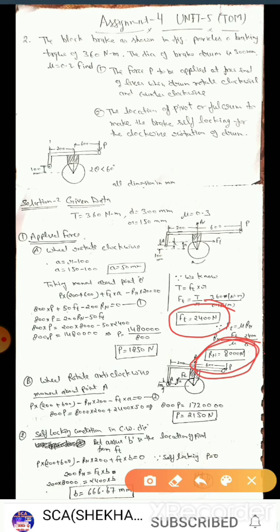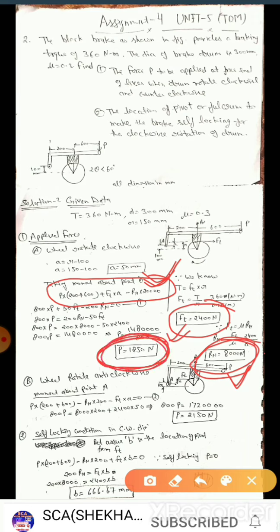We have developed a moment equation as this: P into 200 plus 600 plus Ft into A minus Rn into 200 equal to 0. Now putting the values of Ft and Rn in this moment equation, we can calculate P. P is calculated as 1850 Newton.